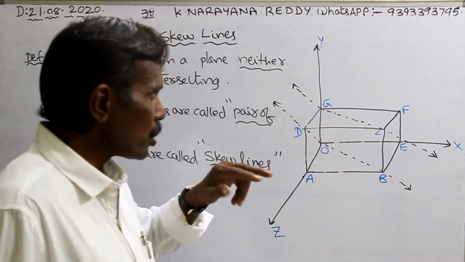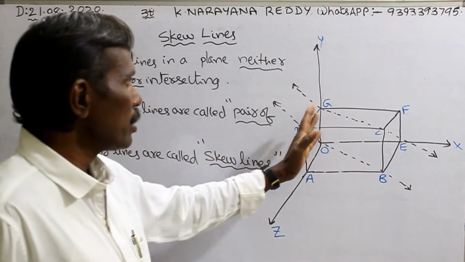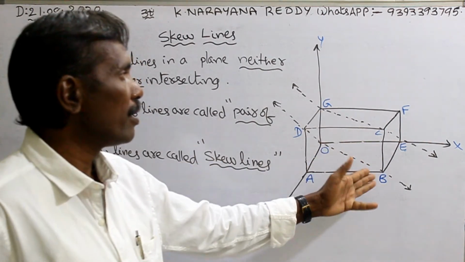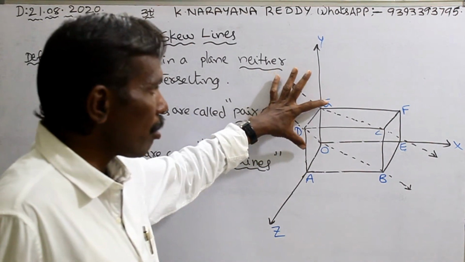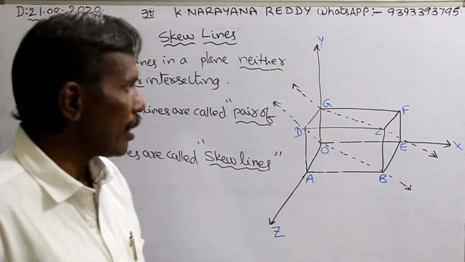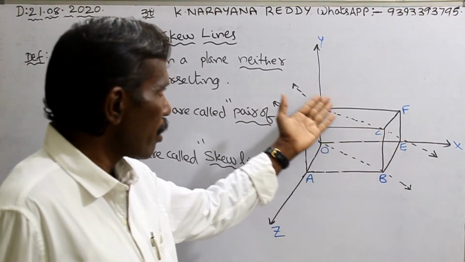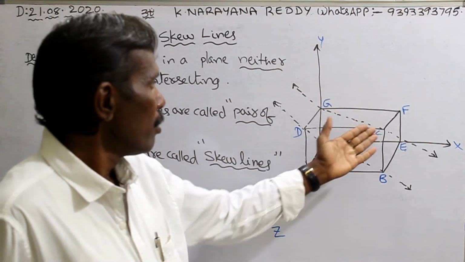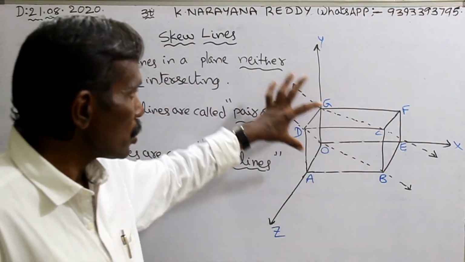Now, two lines are passing through these two diagonals. Those are GC and DB. But these two lines are not parallel. Why? Because GC is a line passing through this diagonal and DB is a line passing through the other diagonal. But those are not parallel.